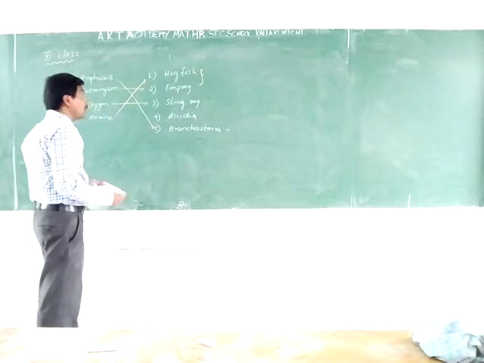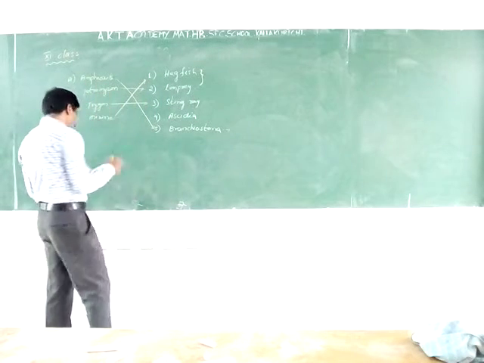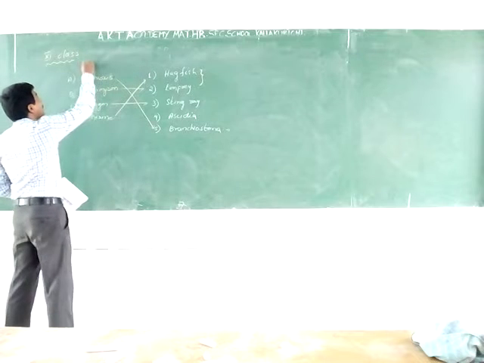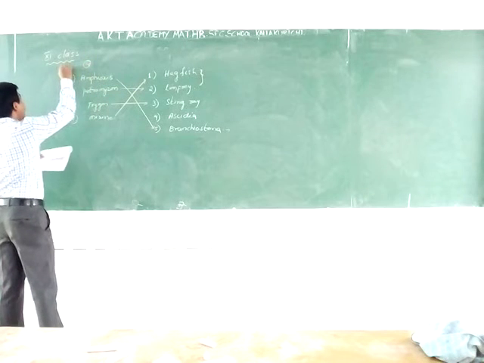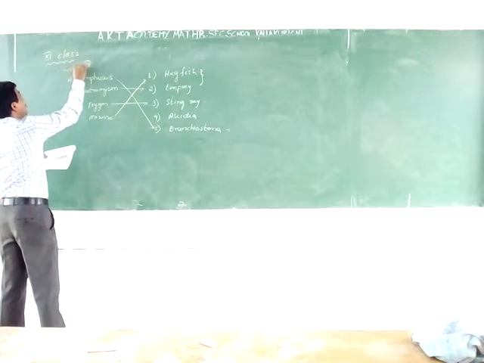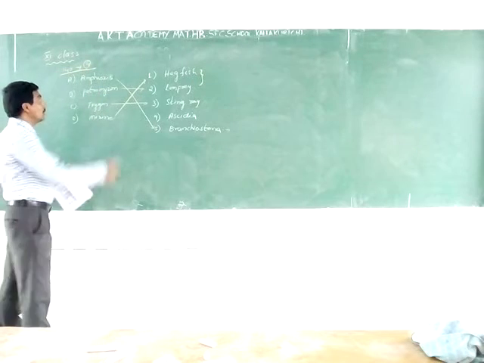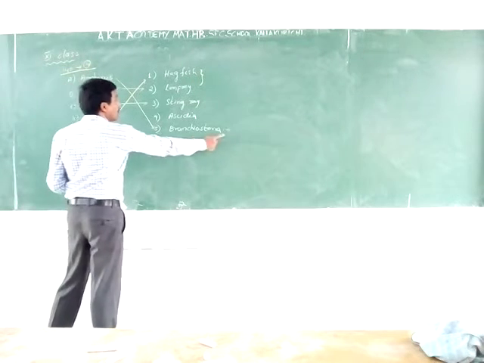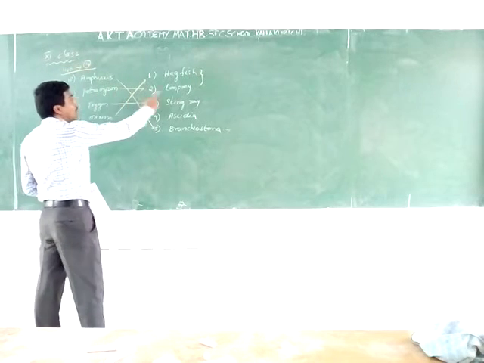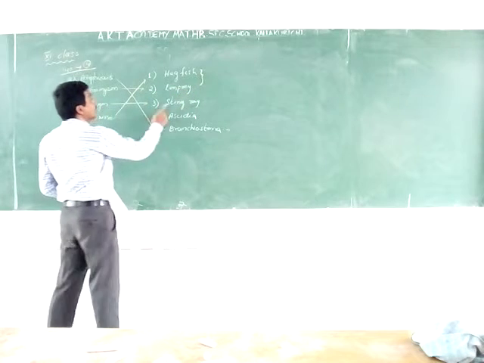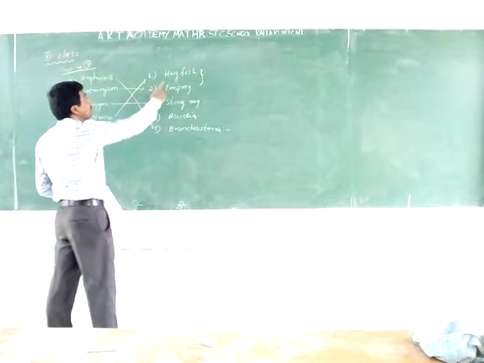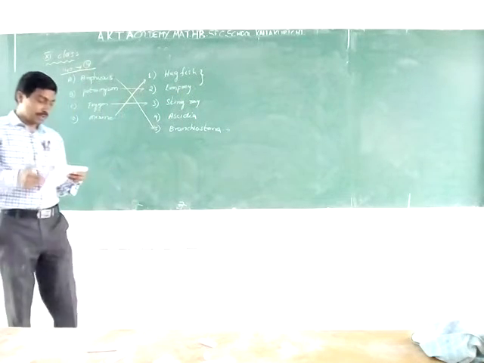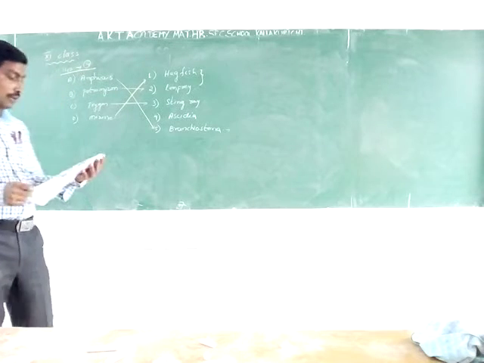In the match the following, the fourth option is correct. The answer to 140 is 4. Amphioxus is Branchiostoma, Petromyzon is lamprey, Trygon is stingray, and Myxine is hagfish.